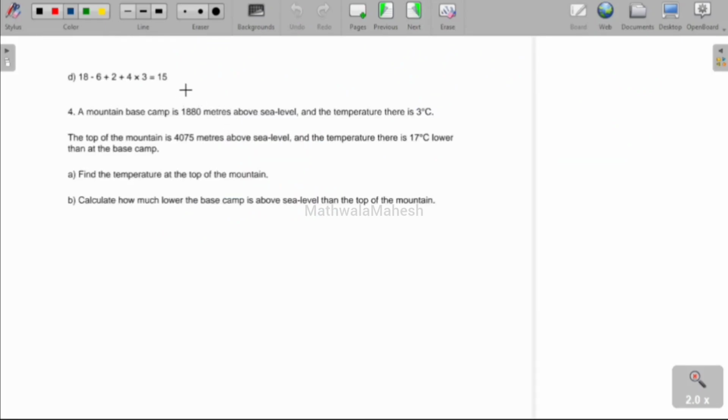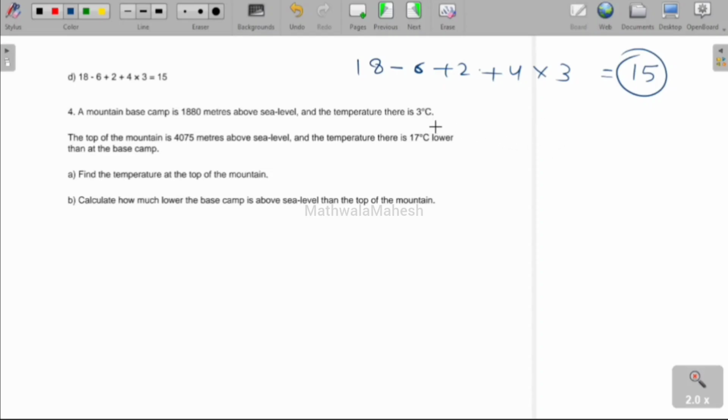So the D is 18 minus 6 plus 2 plus 4 into 3 is 15. So how can we get 15? Now we have to insert the bracket according to the answer.